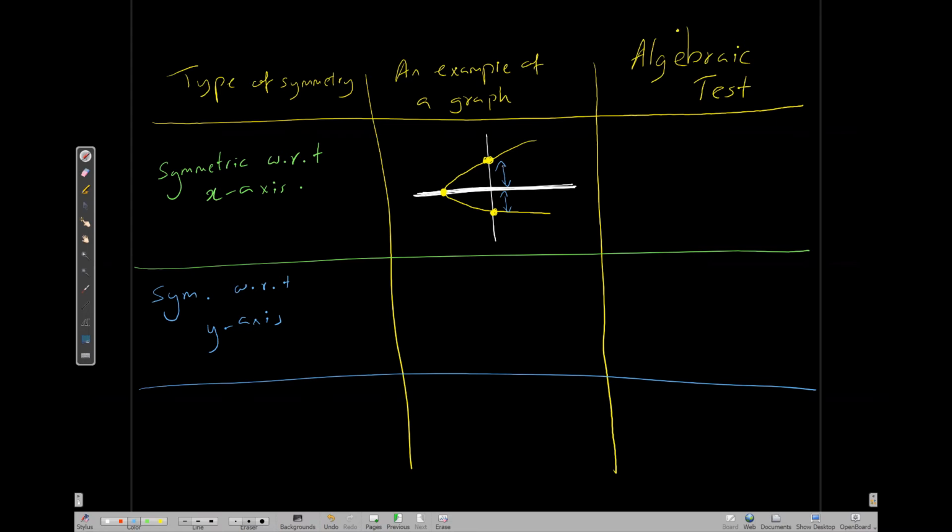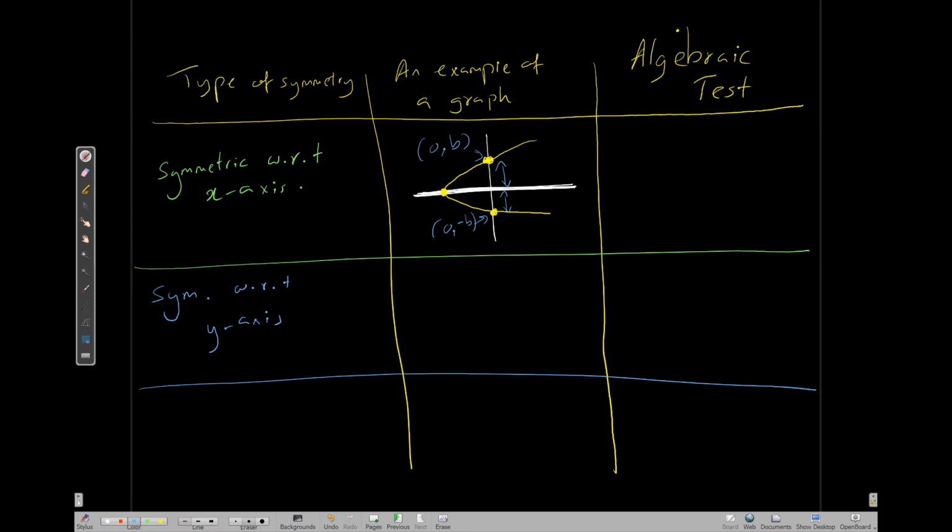Because if that is 3, the coordinate of this point is going to be 0, 3. And this point is going to be 0, negative 3, right? So in general, 0 comma b for some b, 0 comma negative b. That always happens.